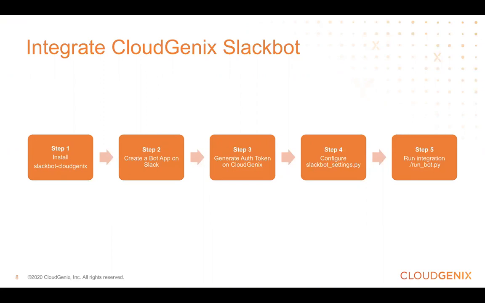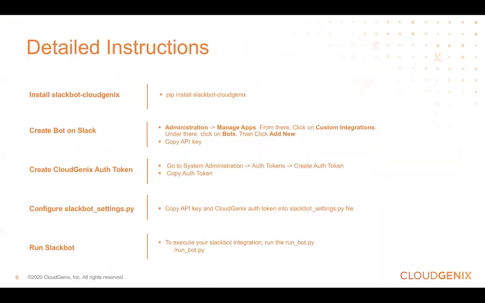You have to install the Slackbot package, create a bot application on Slack, create an auth token so that you can access the resources on the CloudGenix side of things, configure your settings file, and then finally run the bot. To look at the detailed instructions, this is just to give you an overview of what each of these steps entails. I'm actually going to walk you through the entire process, so we'll see it in action.